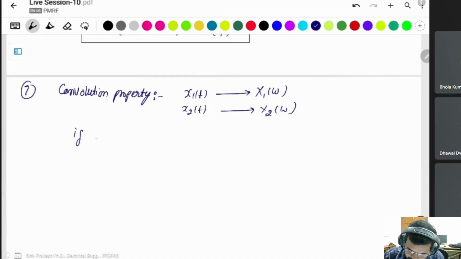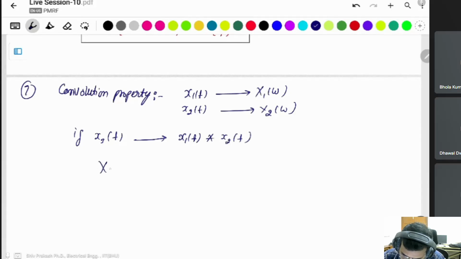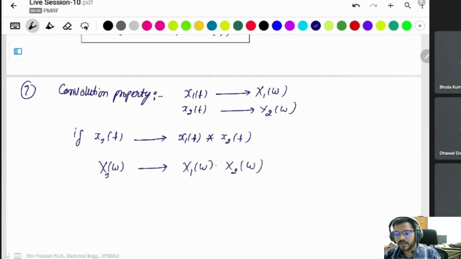If there is a third function x3, which is the convolution of x1 t and x2 t, the Fourier transform of x3 in that case will be the multiplication of x1 omega into x2 omega. It means you can find the Fourier transform of each individual function, then simply multiply them.